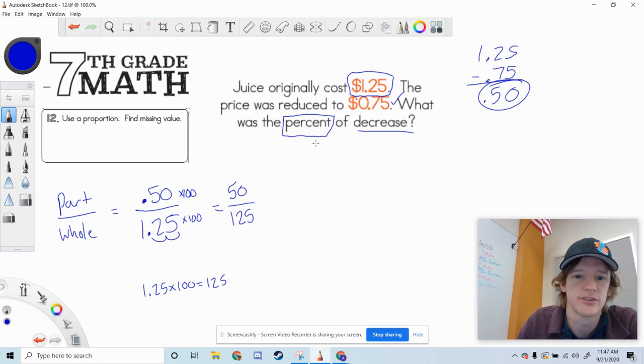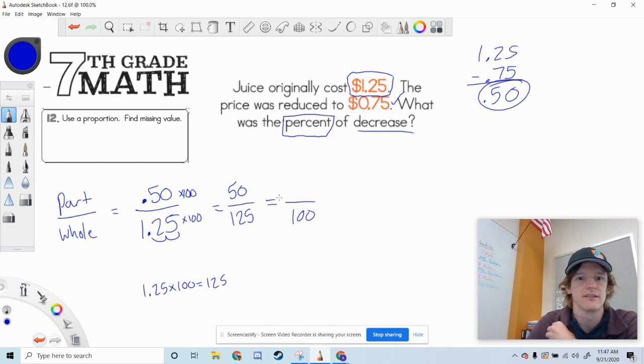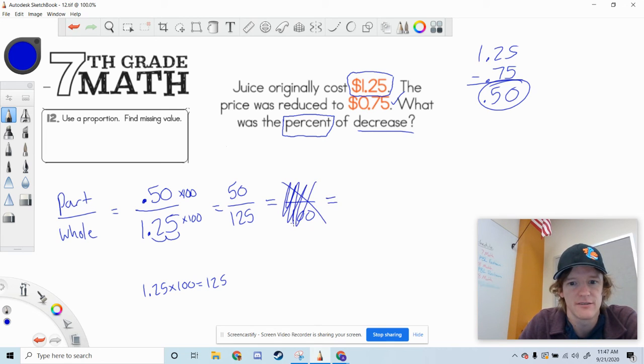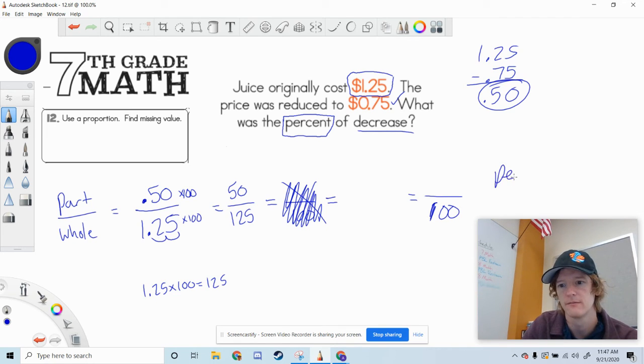Now I need to make this a percent, which means I need to make this out of 100. I can't just divide directly to equal 100, so I'm going to do a step in between. I'll cross this off so it's not in our way. I need to make a number that will work with 100 eventually, because percent means out of 100.